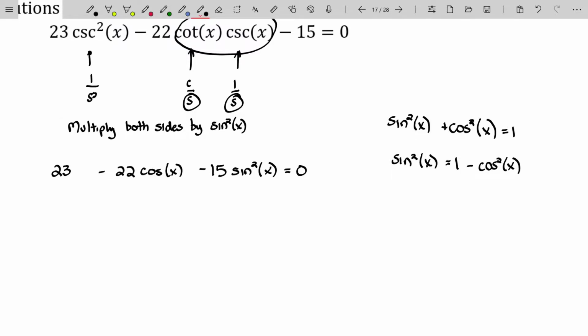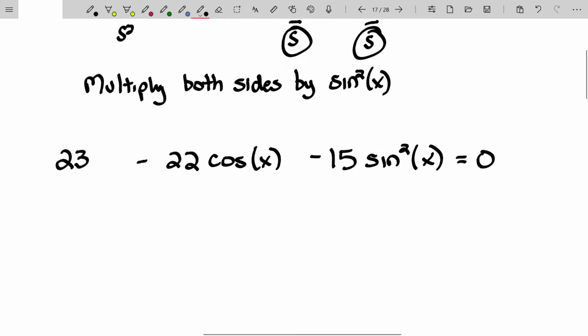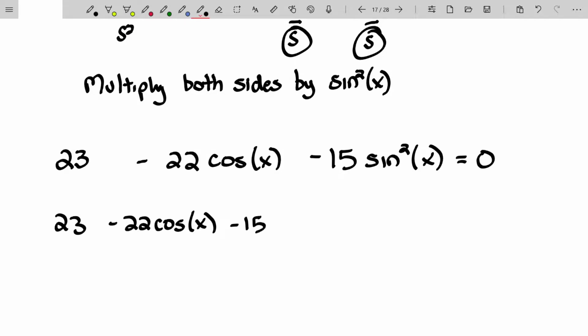So I'm going to trade out that sine squared for a 1 minus cosine squared. So we'll have 23 minus 22 cosine of x minus 15, and please use parentheses here because you're trading out a sine squared for a 1 minus cosine squared, and that whole thing is being multiplied by a negative 15. So you want to make sure you keep parentheses on that.